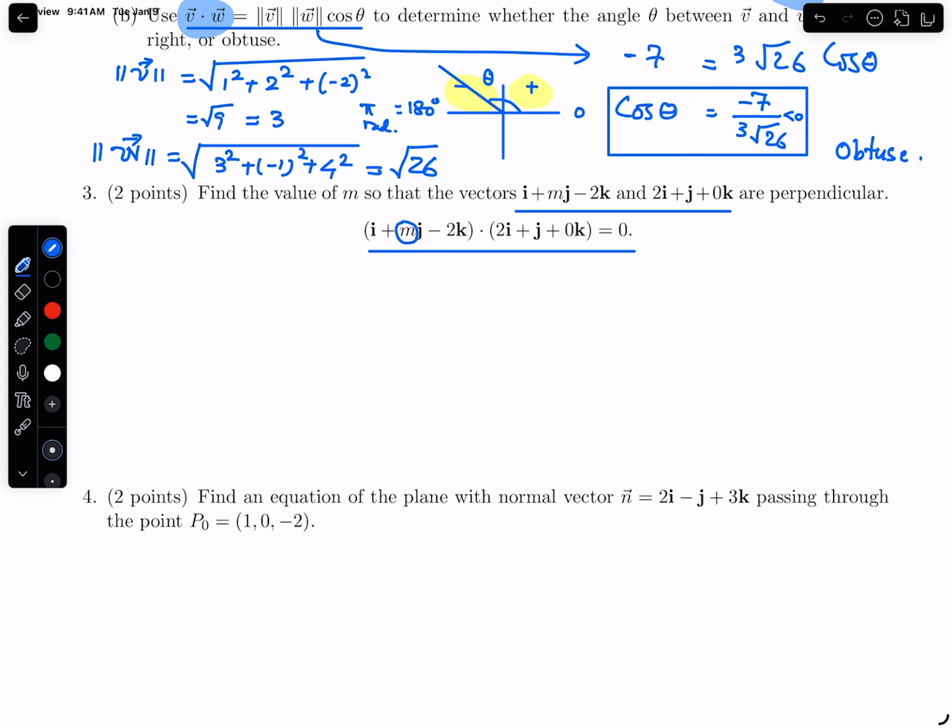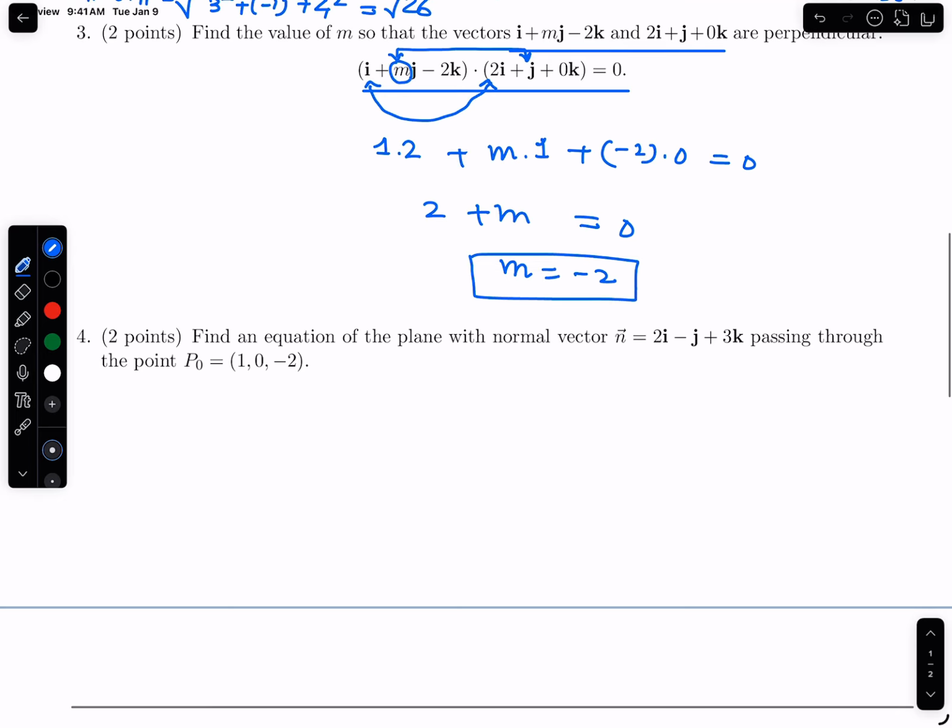So the dot product is, like we know the definition, v1 times w1, which is 1 times 2, and v2 times w2, the coefficients of j, which is m times 1, and then negative 2 times 0 is equal to 0. So this is 2 plus m is equal to 0. If you subtract 2, the value of m is negative 2.